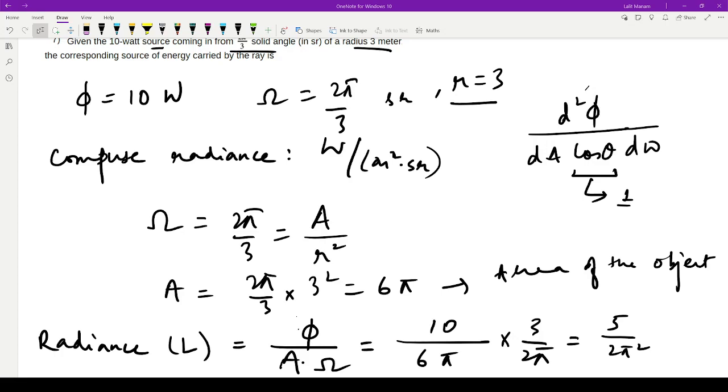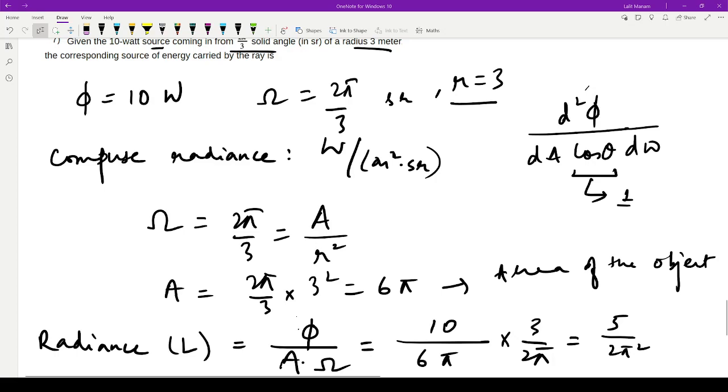Any doubt in this specific question on how we compute radiance? Sir, the answer of the radiance will be 5 by 4 pi square after calculating. Why 5 by 4?